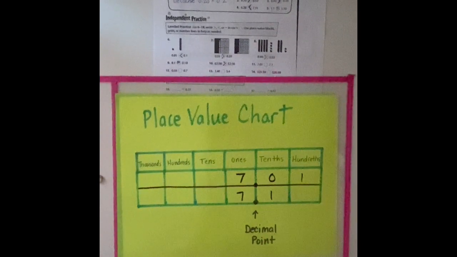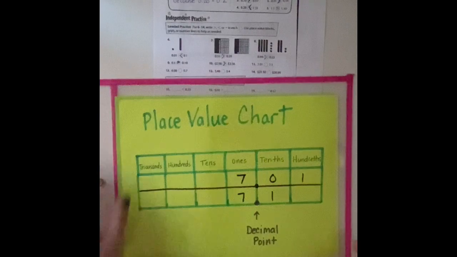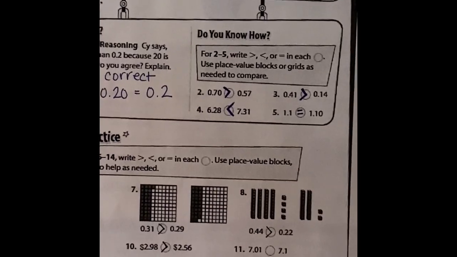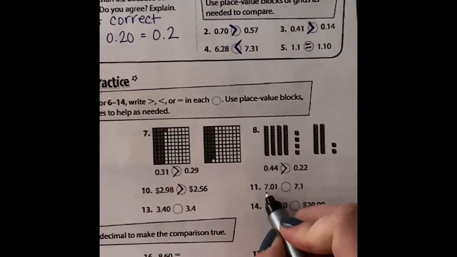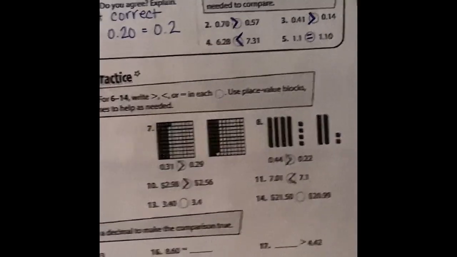So if we were starting on the left, that's our rule, start on the left and work your way over until the digits are different, and that's where you can compare them. 7 and 7, both the same. Over here, 1 is greater than 0, so that means on our paper here, we have to write that 7 and 100ths is less than 7 and 1/10.